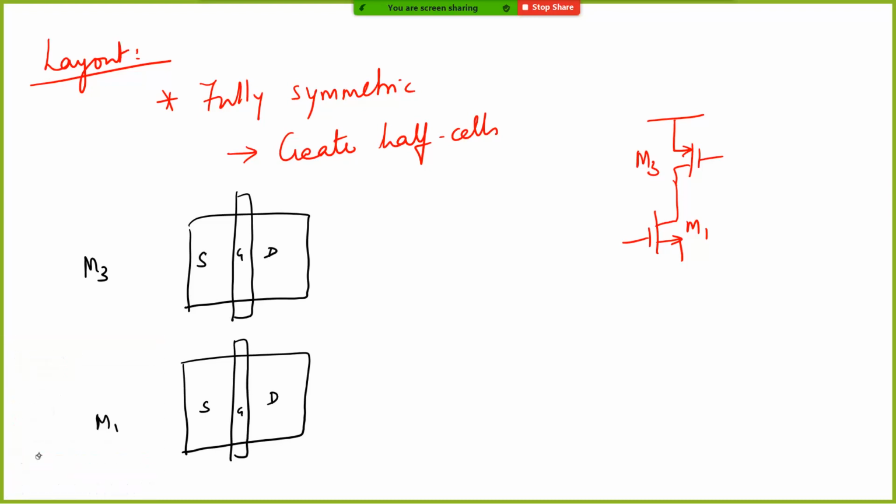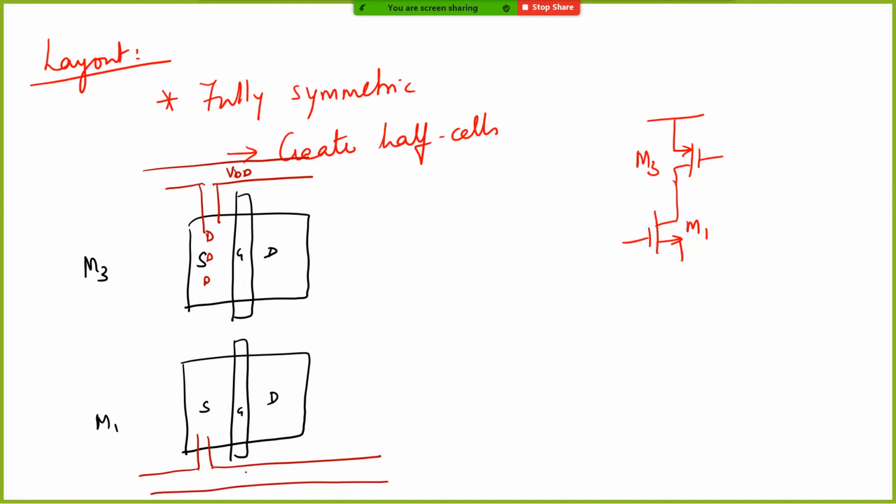Now, how do I connect these things? The source of M3 is given to VDD. So you basically have a VDD line, and the source is connected there. Of course, you will have contacts here, which is usually given when you instantiate it. And this source is connected to the ground line, right? This is ground, right? Now, these two drains have to be shorted together, right?